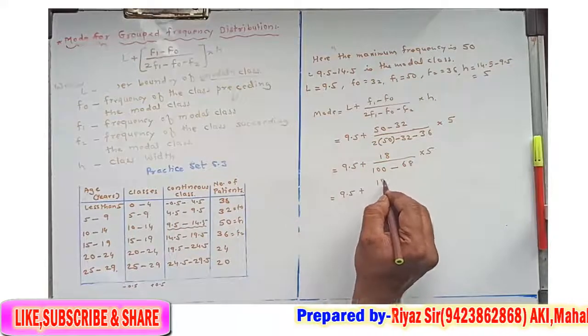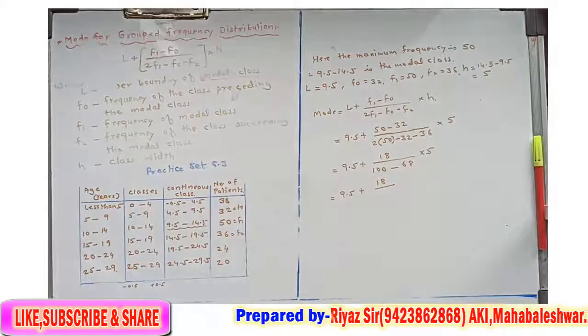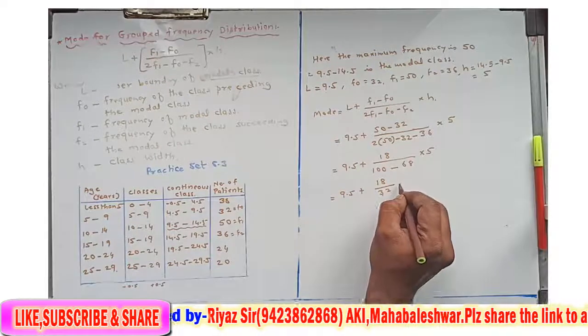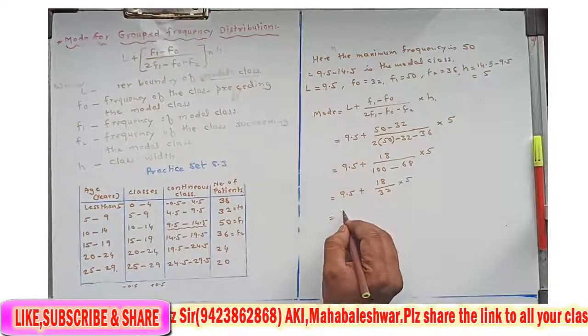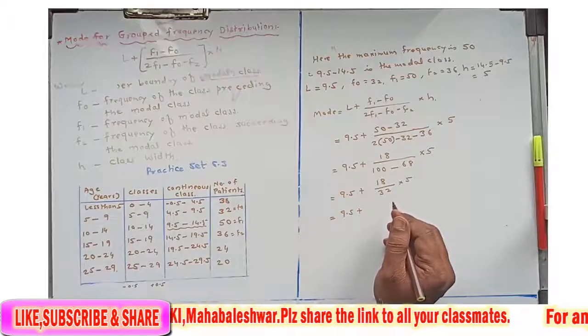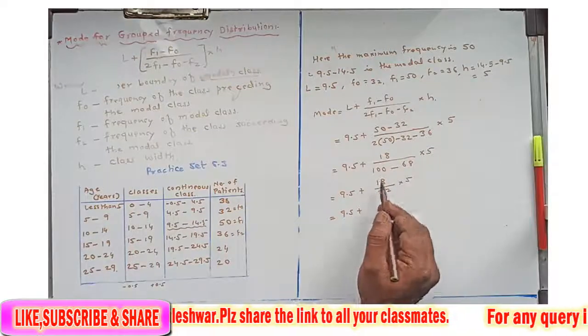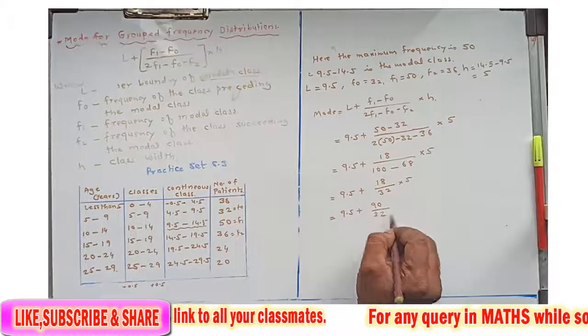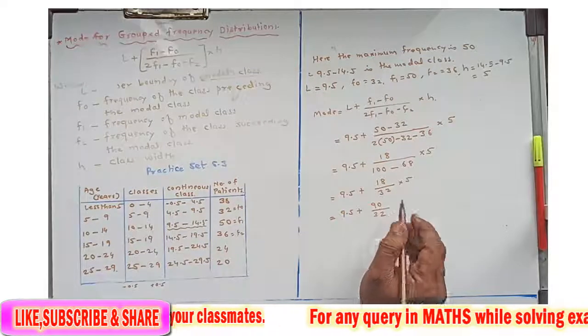That is equal to 9.5 plus 18 upon (100 minus 68). So 100 minus 68 is 32, into 5. That is equal to 9.5 plus 18 times 5, which is 90, divided by 32. Just simplify this: 90 over 32 is 45 over 16.